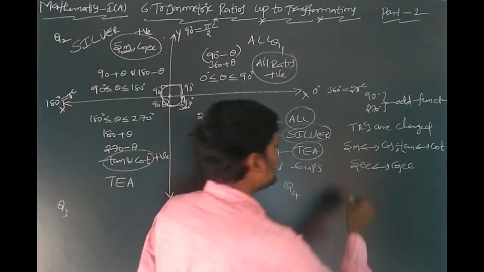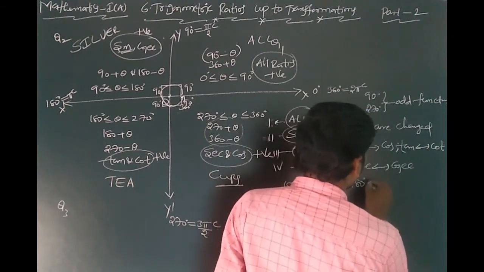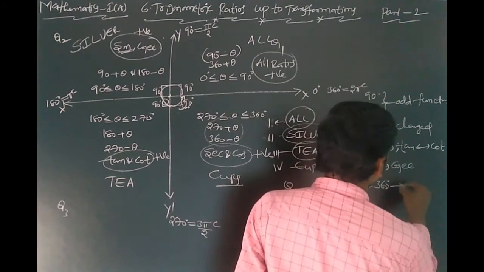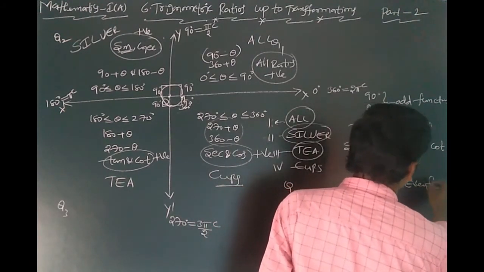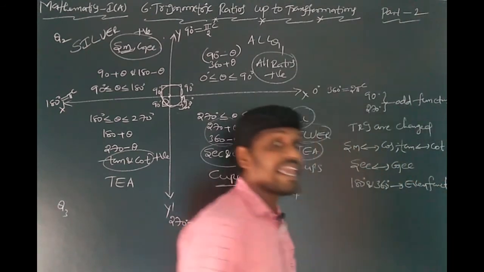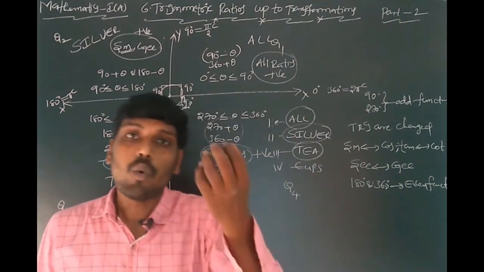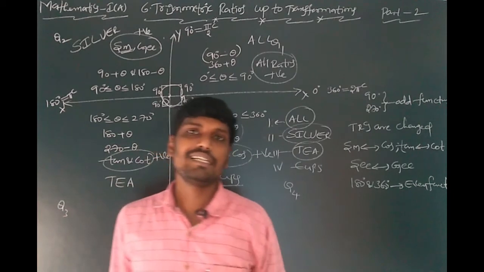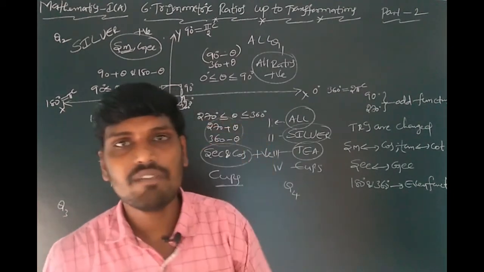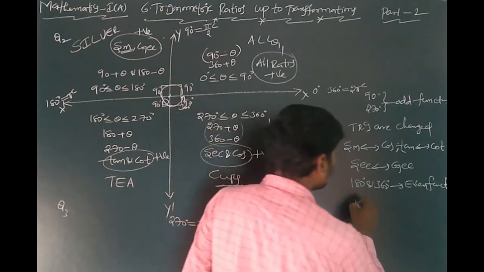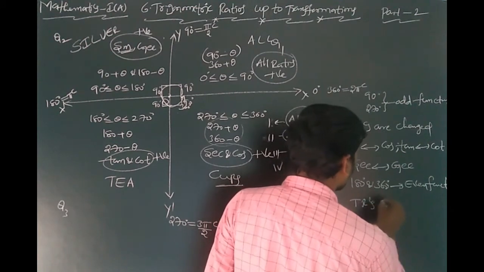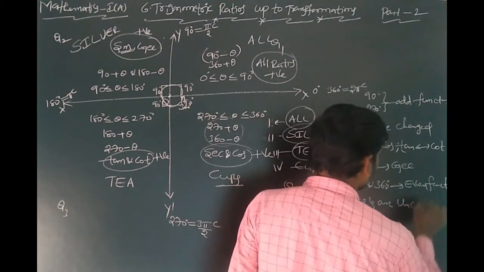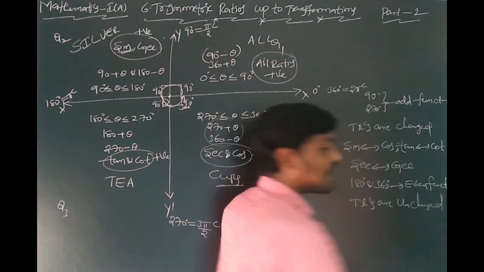After that, 180 and 360 degrees are even functions. In these even functions, trigonometric ratios are unchanged.